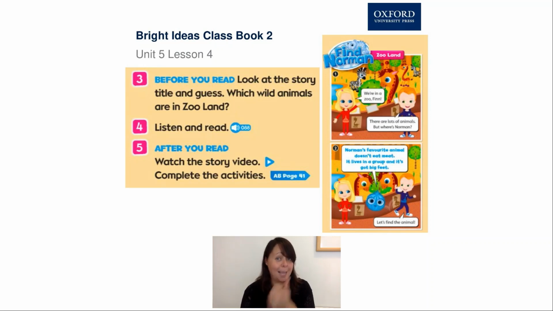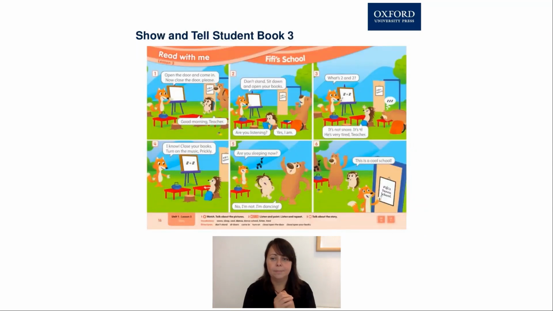This helps you to see their comprehension of it. It also helps them have more interaction with that story because they're more likely to tell their families and friends the story in L1.